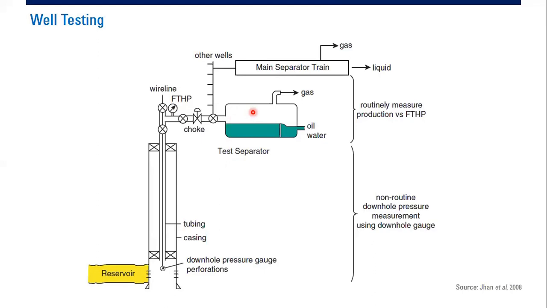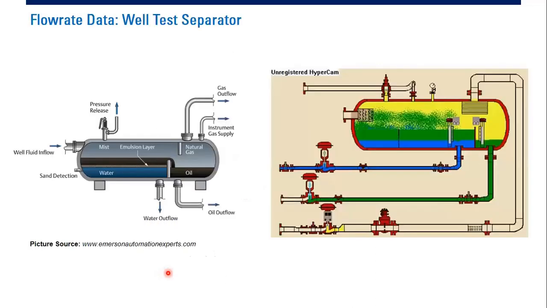So we get the information of the flow rate from the separator, actually from the meter, and we get information of this PWF, the bottom hole flowing pressure, from the downhole gauge. Then we can already construct the IPR using the previous equation. This is only a schematic of the well test separator. You can see this is the well fluid inflow coming into this separator.